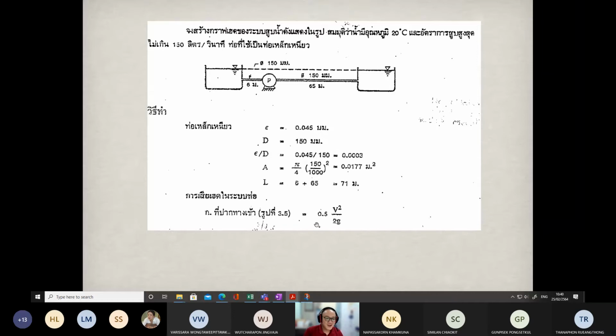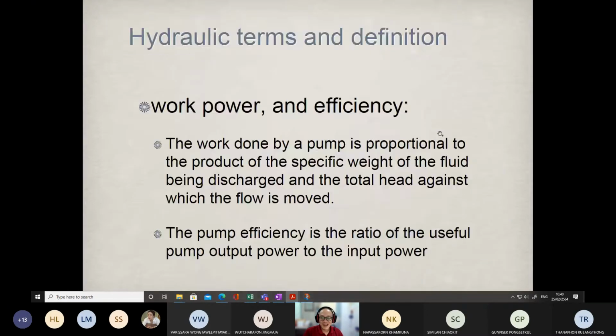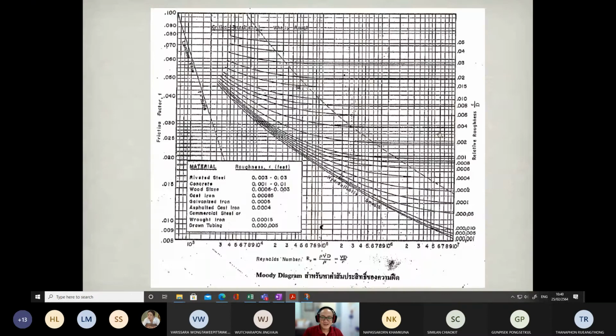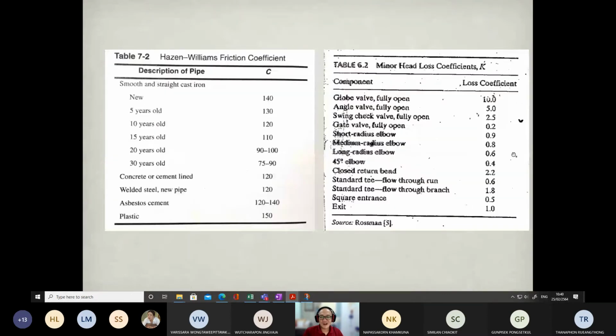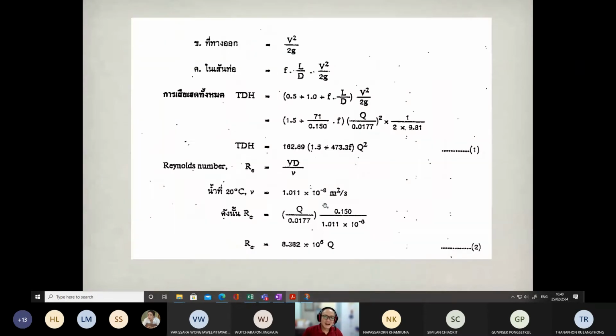If we have the entrance and also the exit, you have to check the K values, which we obtain from this table. And then determine the major loss.